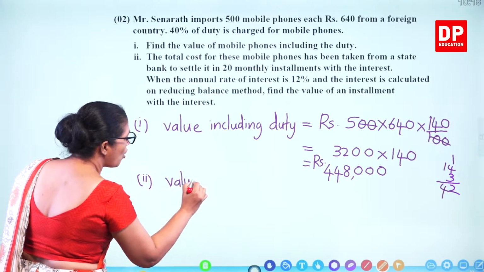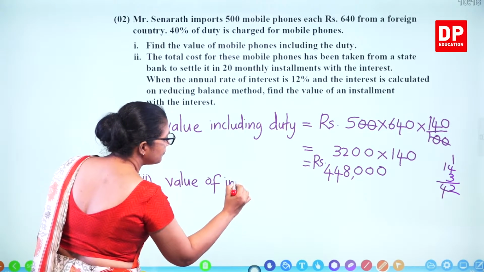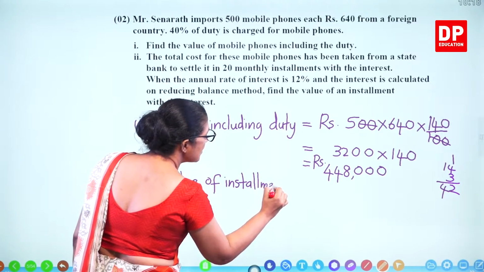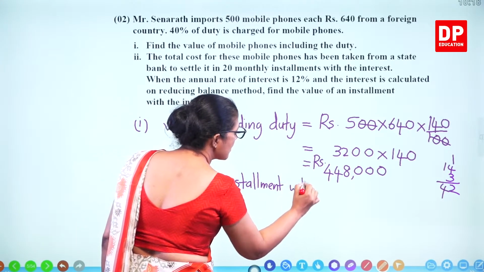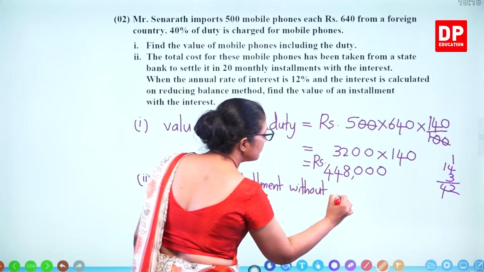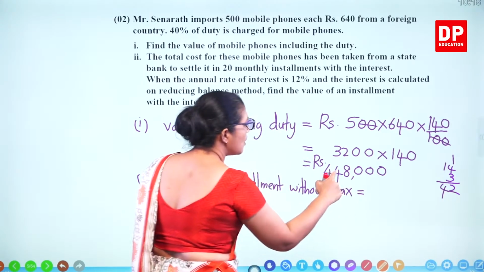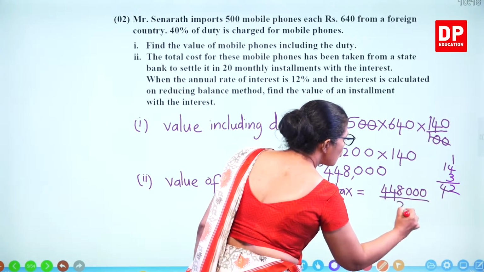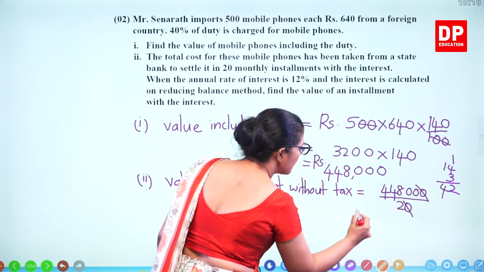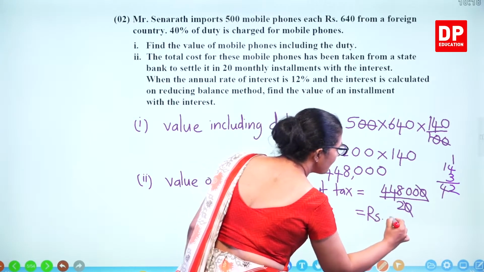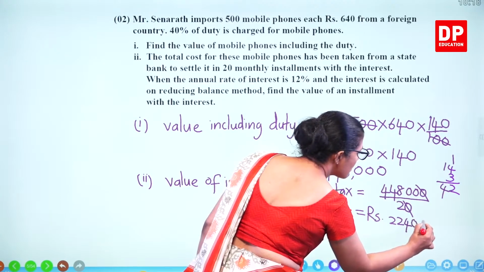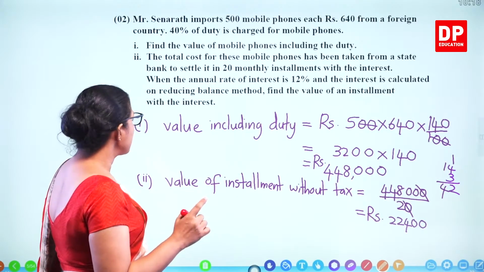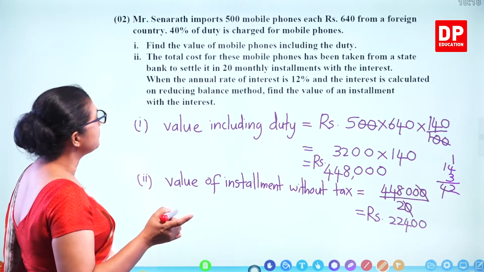Value of installment without tax first. 448,000, 20 installments are there. Divide by 20. 22,400. That's the value of the installment without tax.